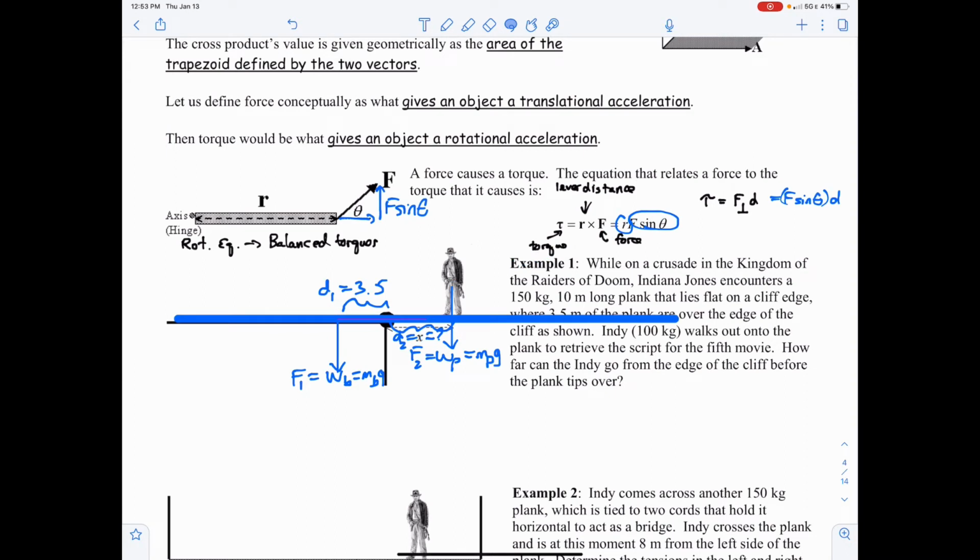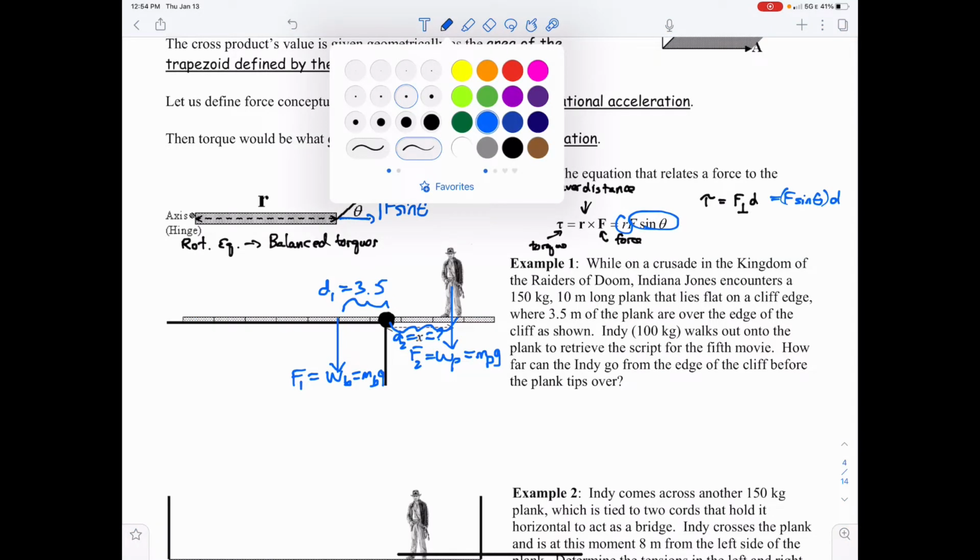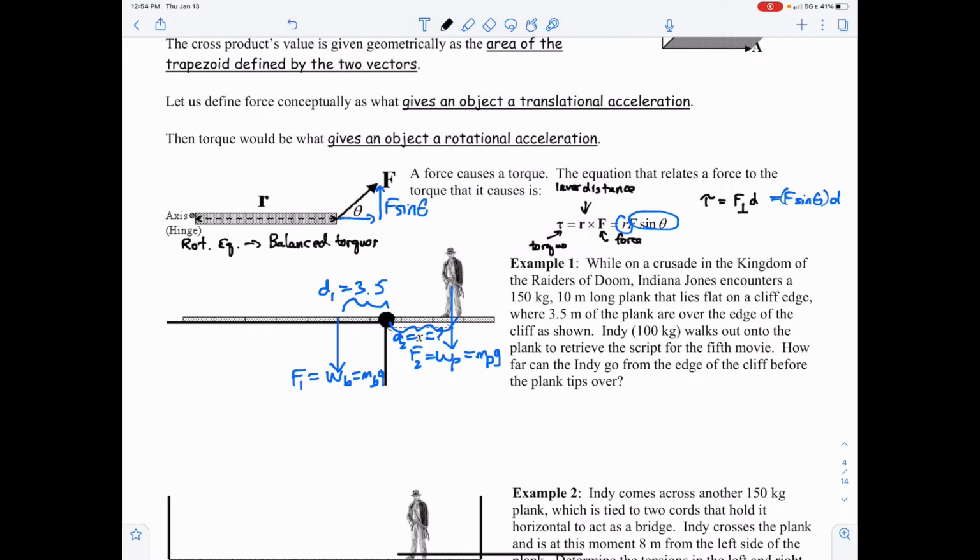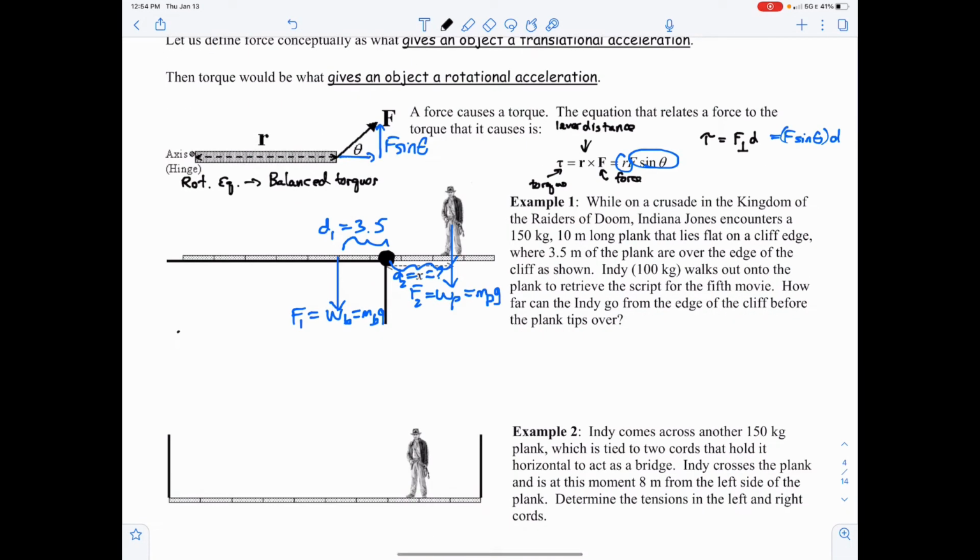The weight of the person would cause clockwise rotation. And right now, there is no rotation because it's balanced. However, you have two different torques that are being caused by two different forces. So the relationship we use would be that the net torque equals 0, or that your counterclockwise torques balance and equal your clockwise torques.